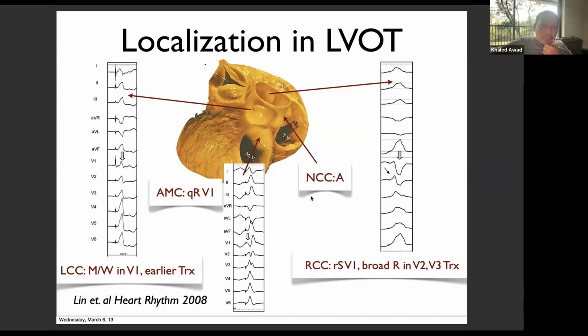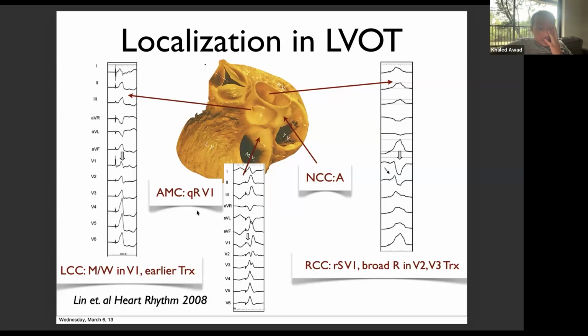Well, there are some signature looks, okay? And this is one of my attendings when I was a fellow, David Lynn, he published this. Sometimes you see things like that when you're in the left cusp, the M or the W pattern in V1. This is something he talked about in that paper.